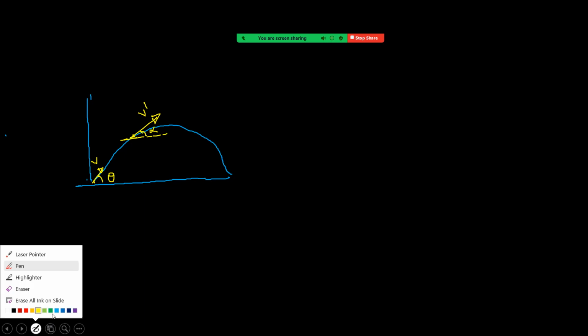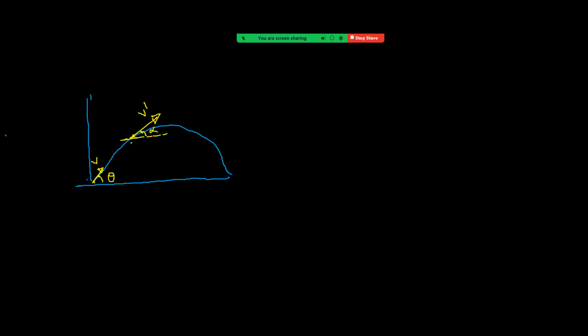Suppose initially the angle of projection is theta with the horizontal and the velocity is v. Suppose somewhere here, the velocity vector makes an angle alpha with the horizontal and take this speed as v dash. Here you can see the acceleration is g downwards.